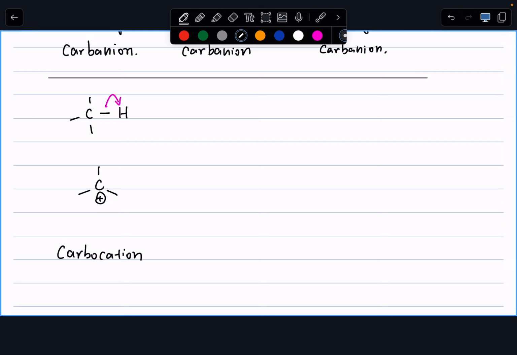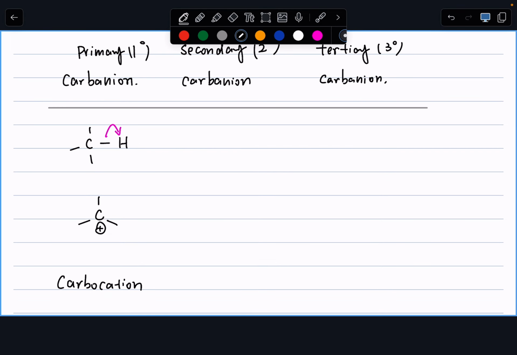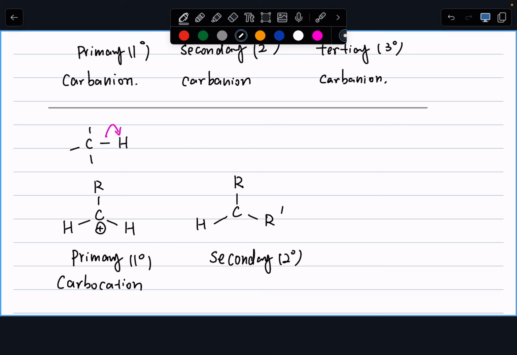Likewise, for carbocation, depending on how many R groups are attached to the carbon where the positive charge is, you can have primary, secondary, and tertiary. For primary, you have 2 hydrogens and 1 R group. You can have secondary, with 2 R groups attached to it.